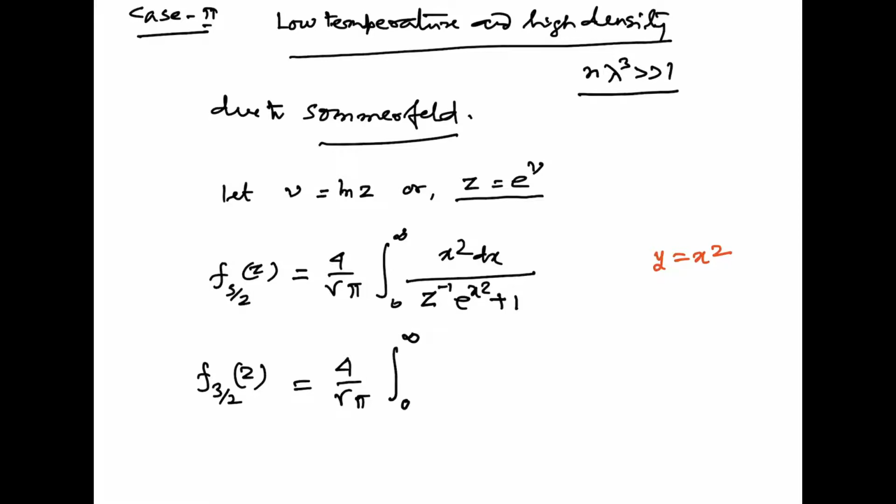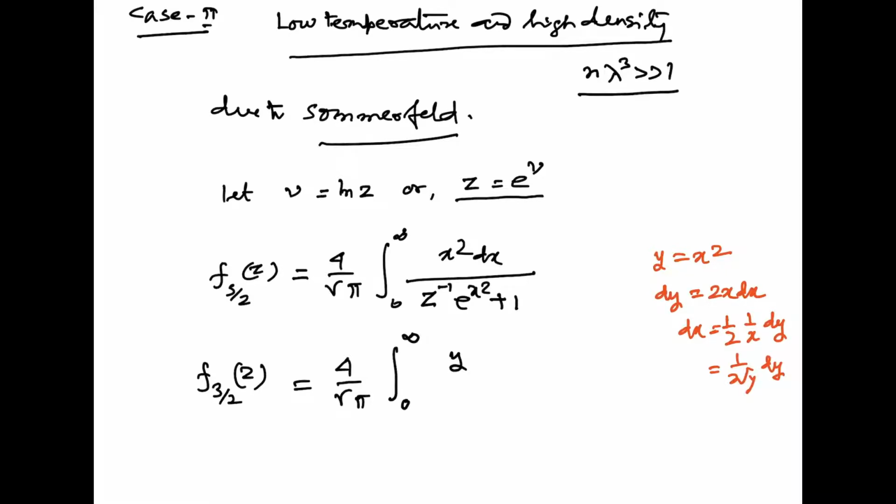Now for x square we put y. For dx we get dy equal to 2x dx. So dx is half of 1 by x dy, but x is root y. So we get 1 by 2 root y dy.